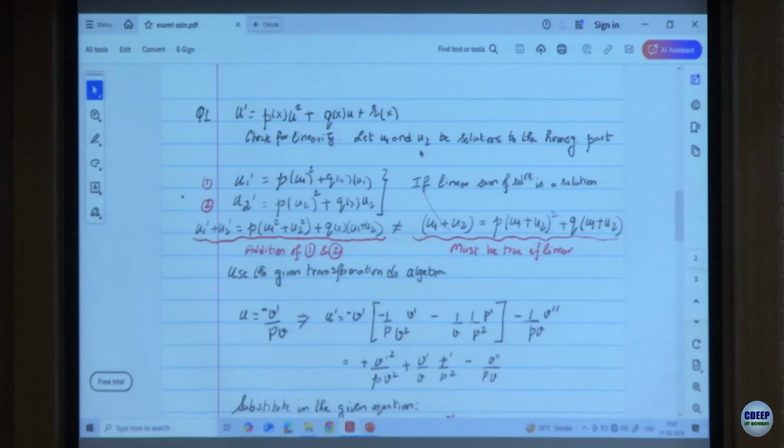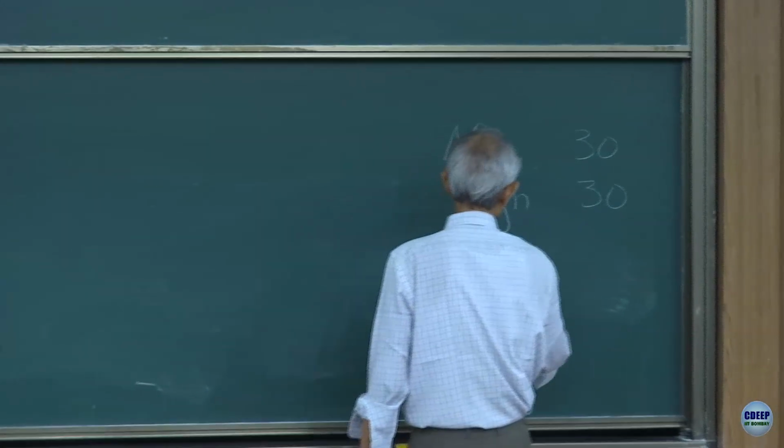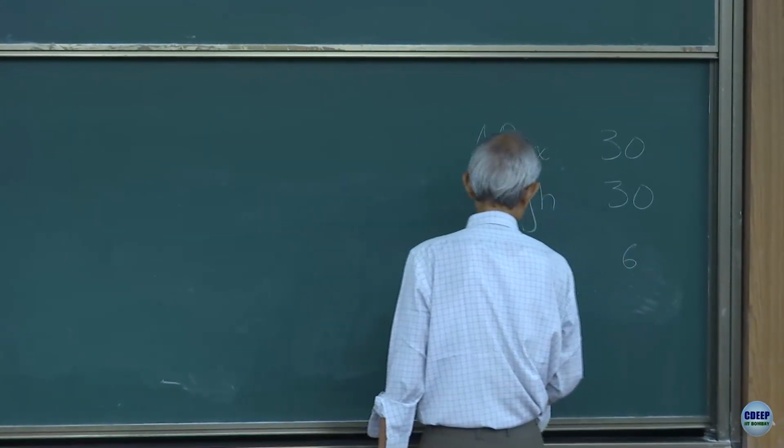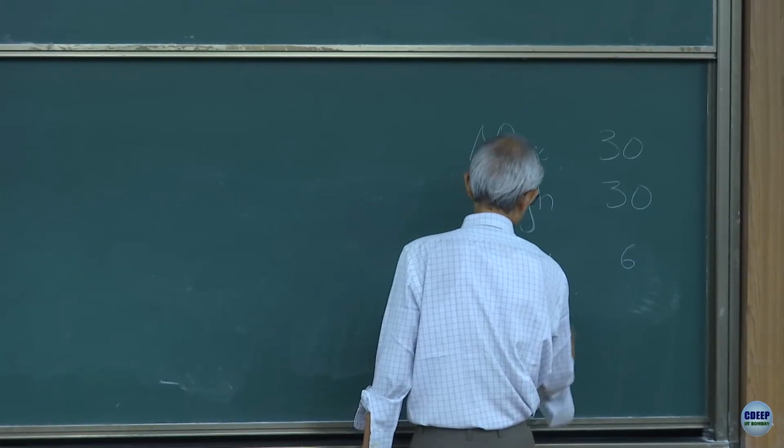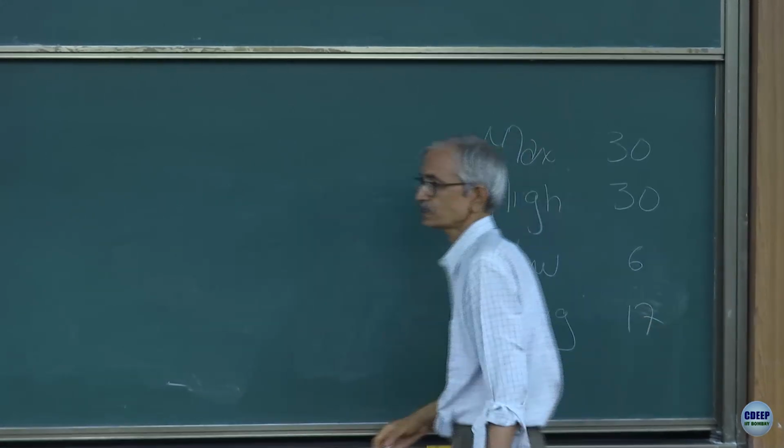Okay, the exam was graded for a maximum mark of 30, and the high in class was 30 and the low was 6 or something, and the average was 17.